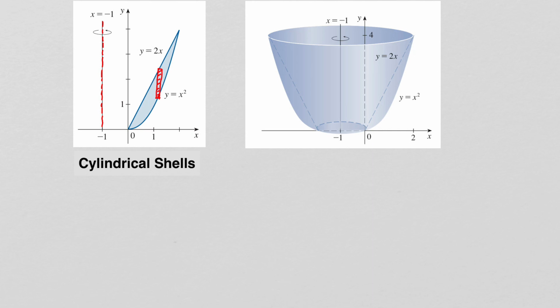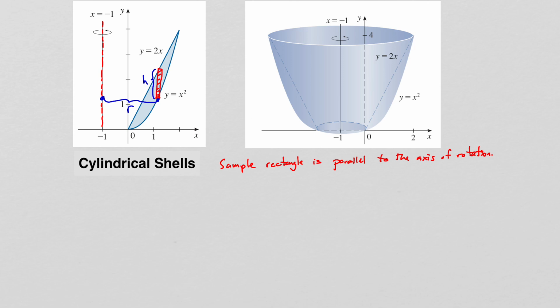We have to draw that rectangle parallel to the axis of rotation. All right, now from there, we need to compute two things. We need the radius, which is the distance from the axis of rotation to that parallel rectangle. So we'll call that r. And then we also need the height of the rectangle, which we will call h.